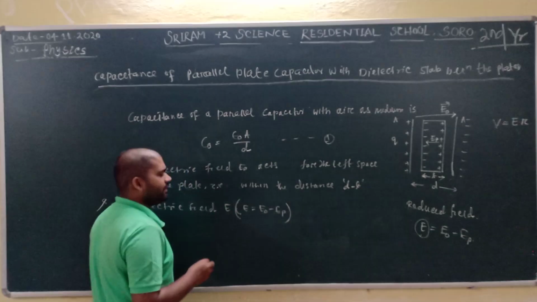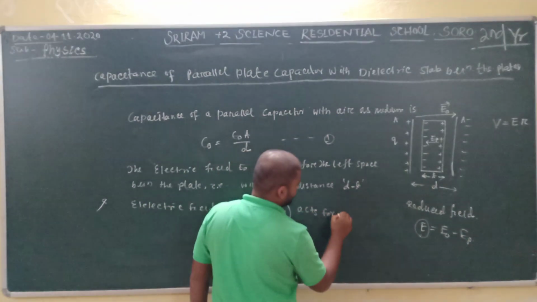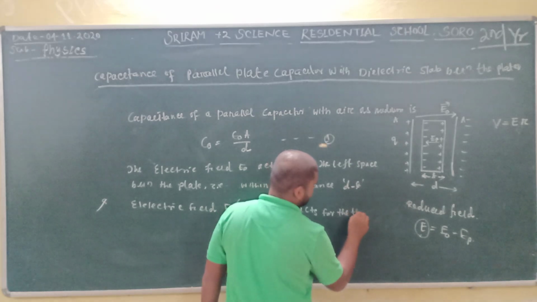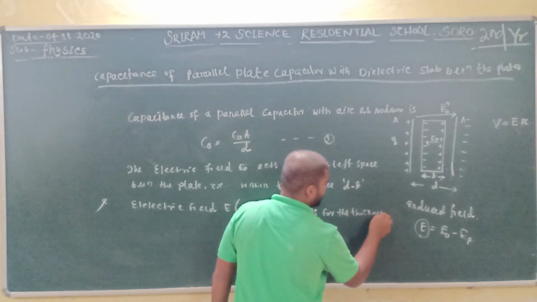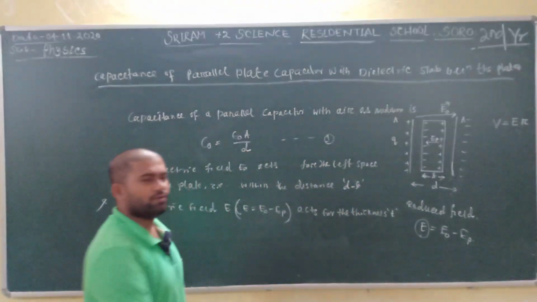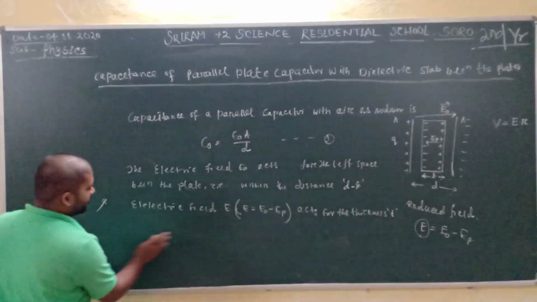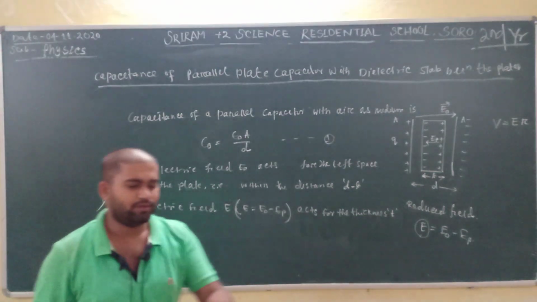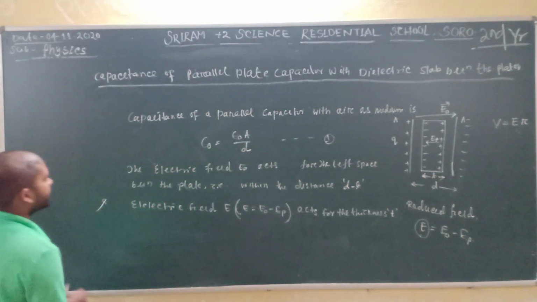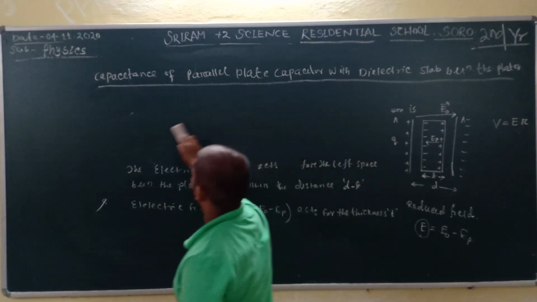The reduced field E acts for the thickness T. Okay. So, the resultant potential, we can write here. What will be the value of the resultant potential?